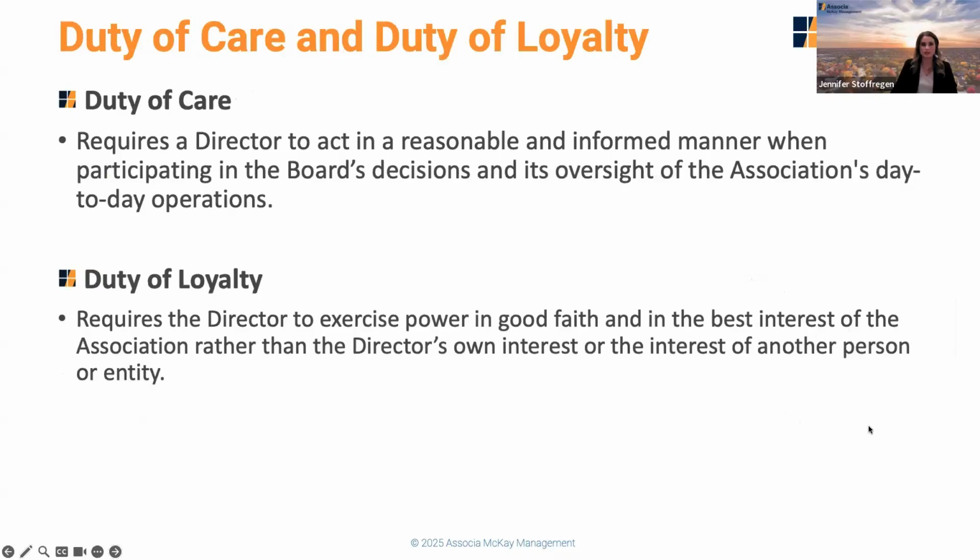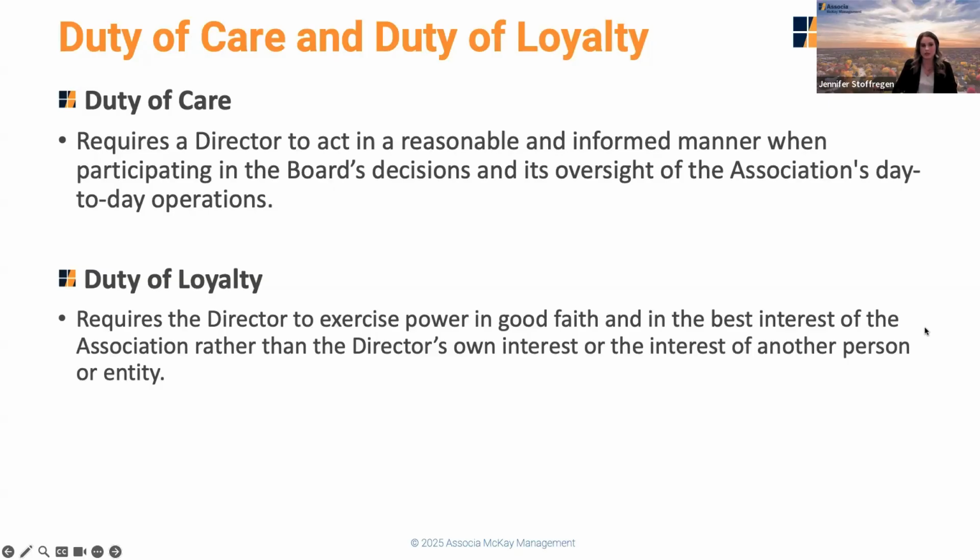Okay. So next up is your duty of care and duty of loyalty. Essentially, as board members, even though it's a volunteer position, you are volunteering to take ownership and also make sure that you're acting in the best possible way for your association. You, as a homeowner and also representative for all the other homeowners, need to make sure that you are acting in good faith in the best interest of everyone involved.